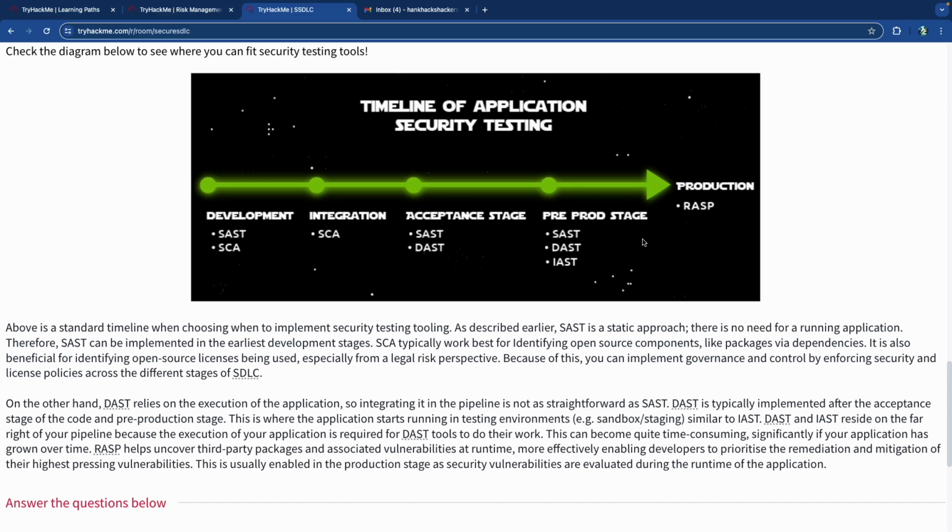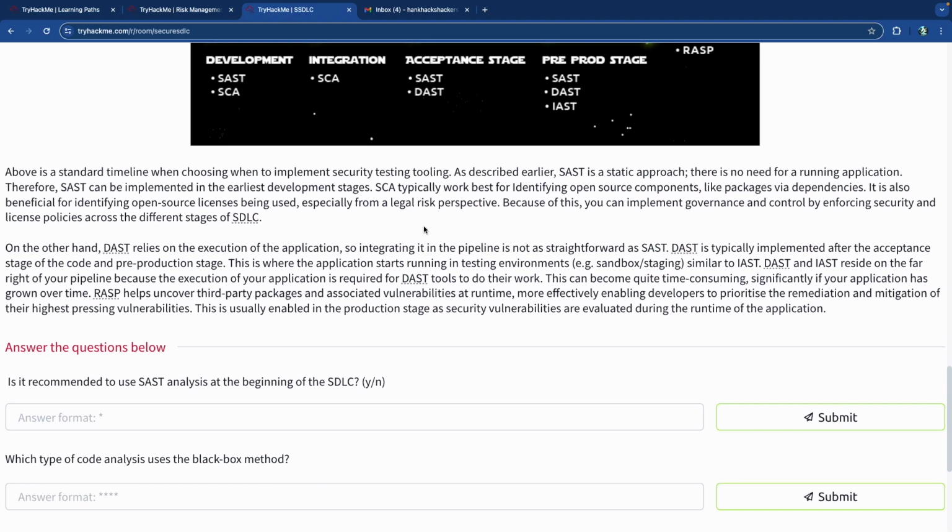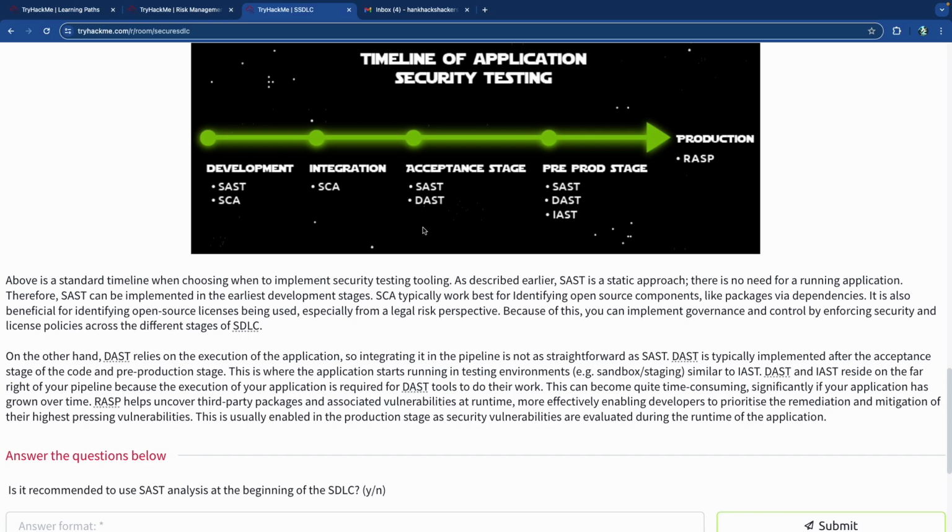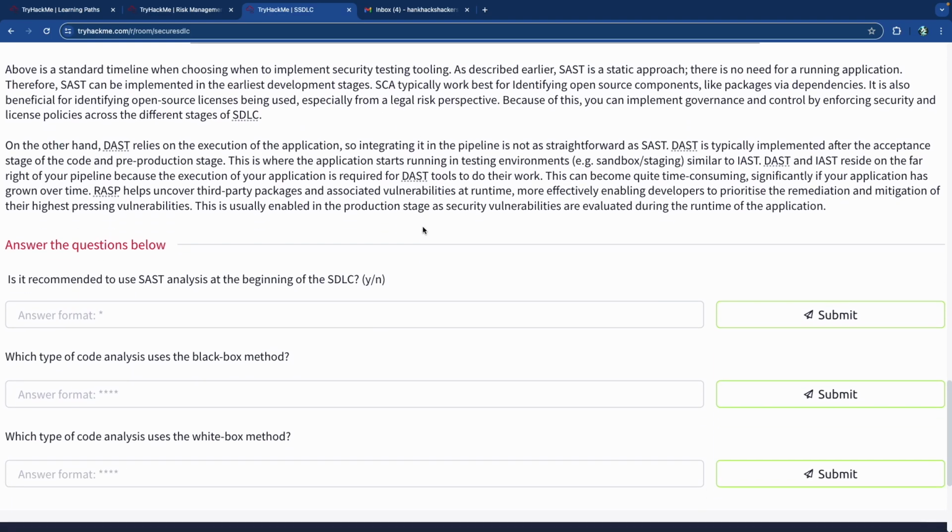And then right before it actually goes into production and it's live and running, you would do all of them. You would do static, dynamic, and the combination of the two. And then finally, while it's actually running, you do runtime analysis. And none of these things are limited, right? So you can use all of them.